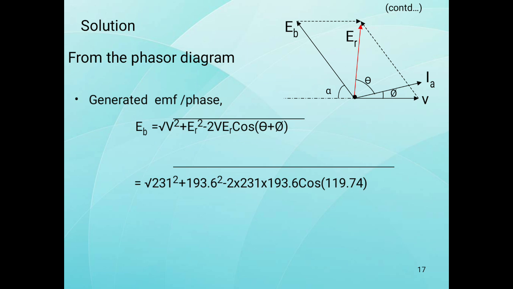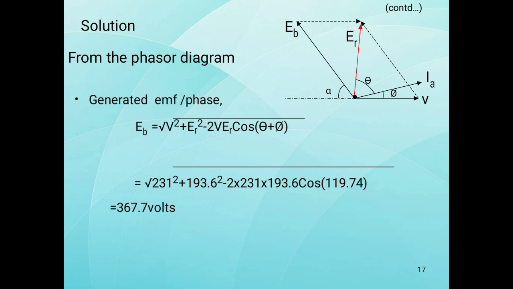Now EB is equal to under root of 231 square plus 193.6 square minus 2 into 231 into 193.6 into cos 119.74, which gives 367.7 volts.